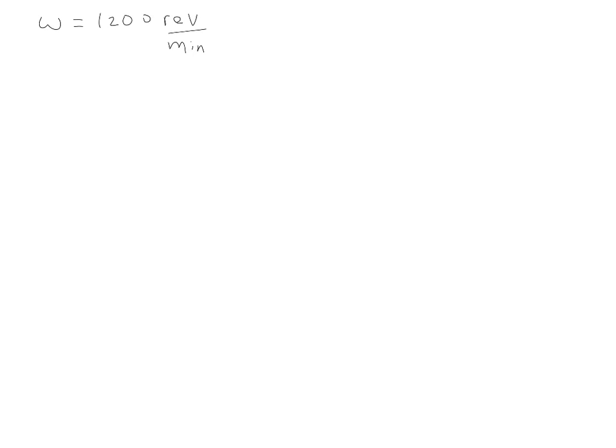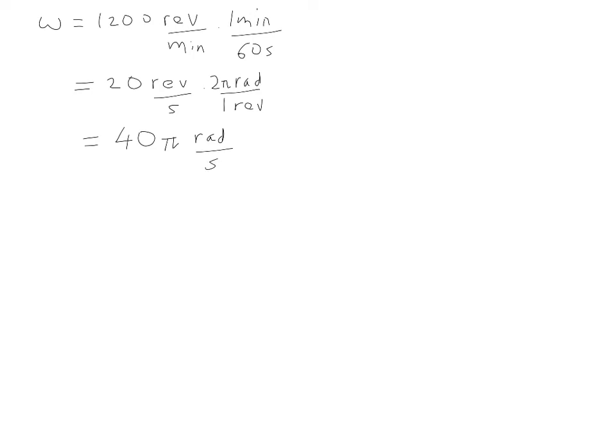To convert from minutes into seconds, and so now we have 20 revolutions per second. And then to convert from revolutions into radians, and so now we have 40 pi radians per second.